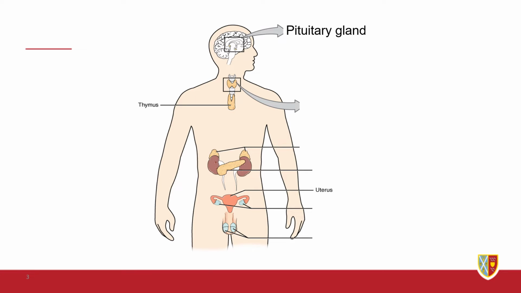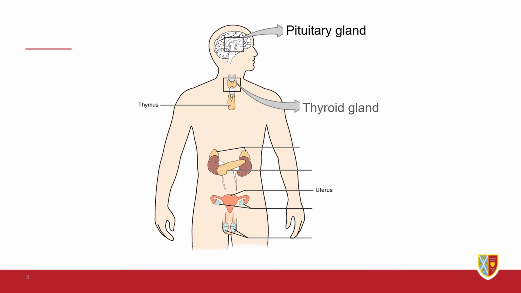The pituitary gland in the brain produces FSH and LH for the reproductive cycle in females, the menstrual cycle. It also produces a couple of other hormones. Quite a few of them are made in the pituitary gland actually, but they're going to be involved in different systems within our bodies.